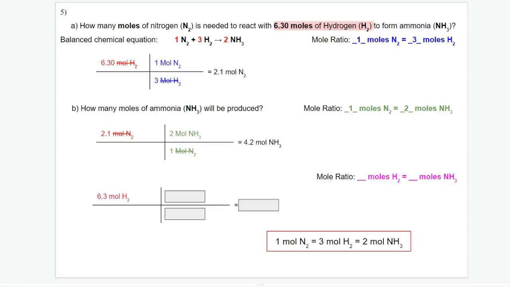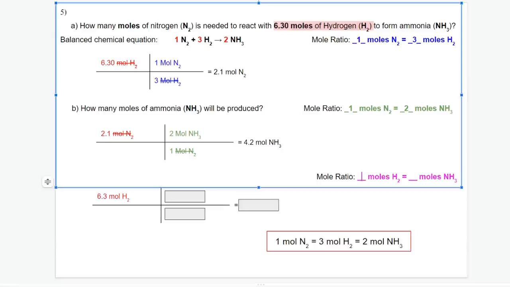I can mix and match and rearrange that any way I want because those three things are equal to one another, thanks to this balanced equation. So I can take from here that for every 3 moles of H2, I will get 2 moles of NH3. So I can do the same problem in question B, but using my original number of moles of hydrogen H2.